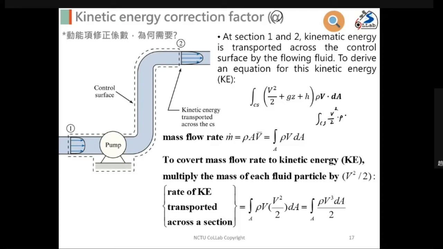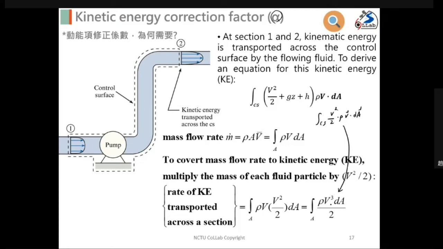There is no vector. So for the integration, if we would like to focus on the control surface, V squared multiplied by rho V dot dA, we deal with these integrations individually.